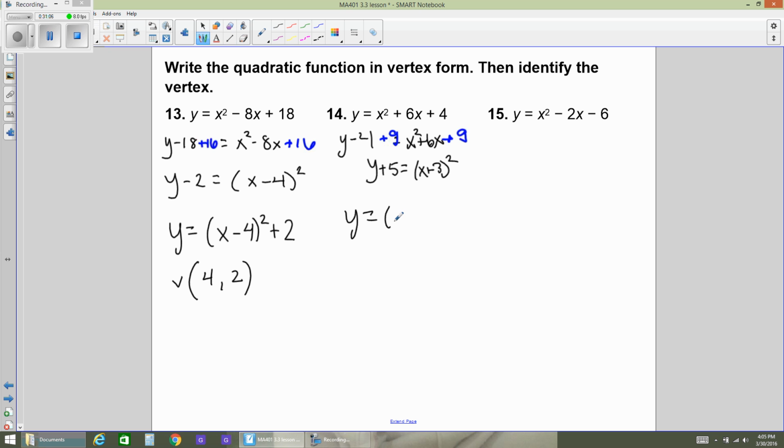So y equals the quantity x plus 3 squared minus 5. The vertex then is negative 3, negative 5. Oh, and I'm sorry, that is messy, isn't it? Negative 3, negative 5. That's better. We'll erase the other one.